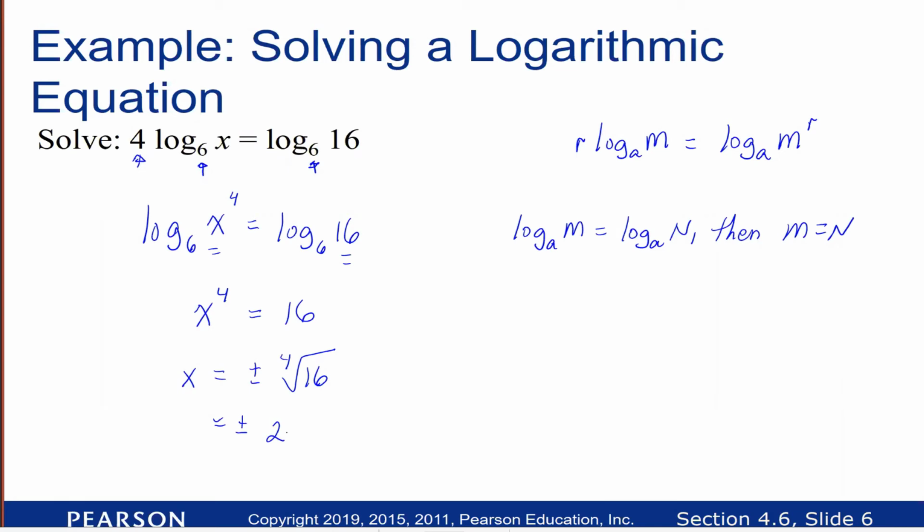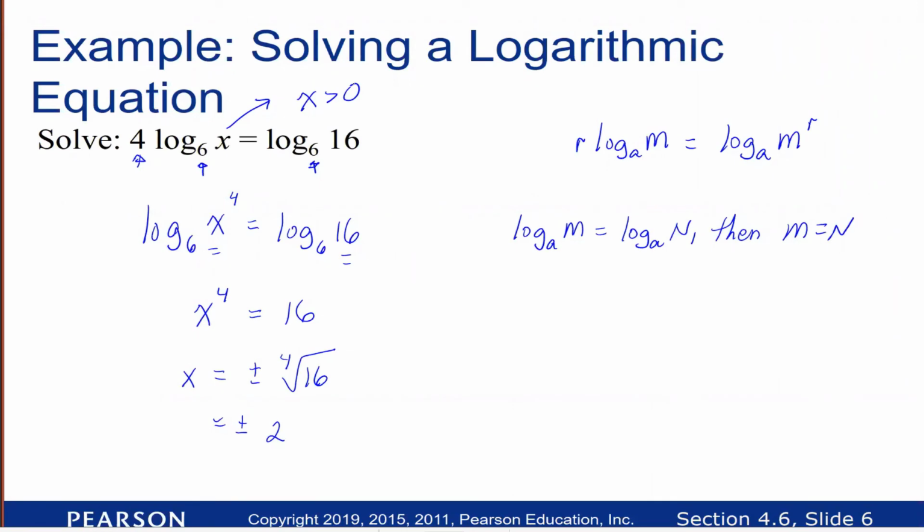Now it's super important that you always check your answers to make sure that they are reasonable, and also check to make sure that the value of x is in the domain of the original function. Up here on the left, we know that x must be greater than 0 because the domain of any log function is such that the argument must be positive.